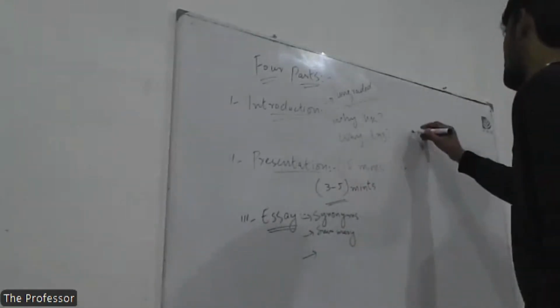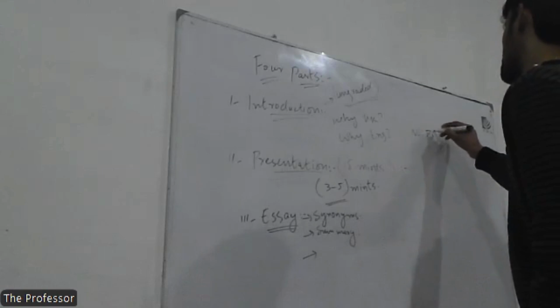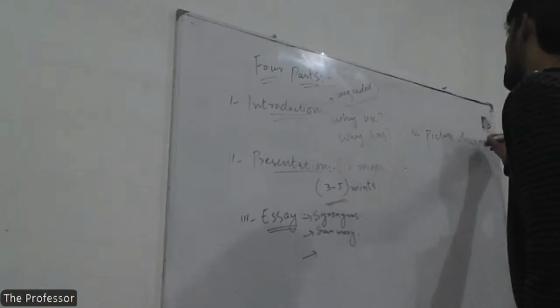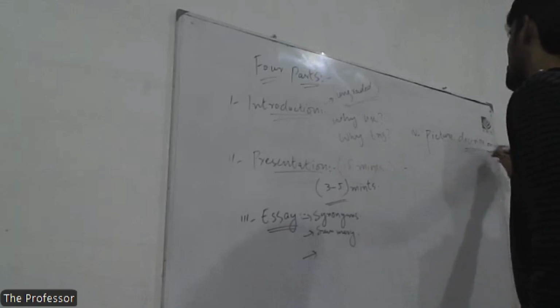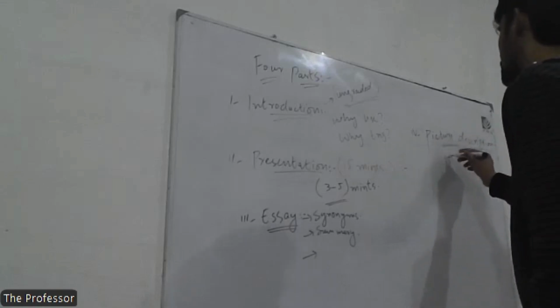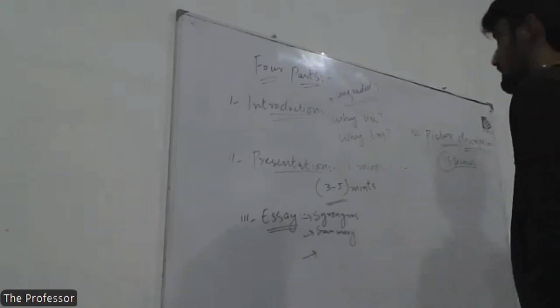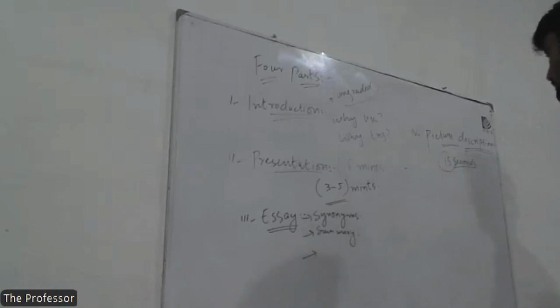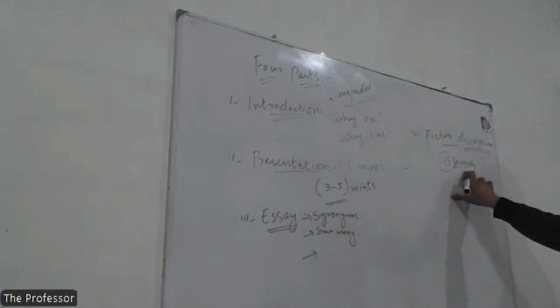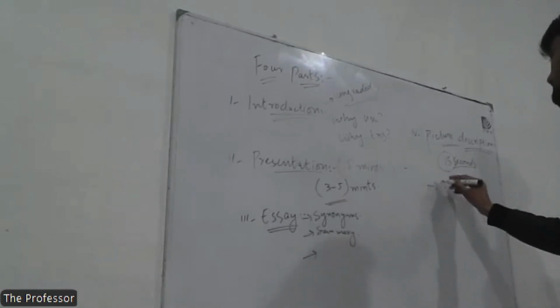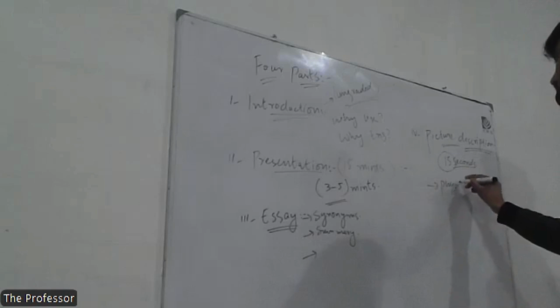The last but not the least is picture description. A picture will be shown to you on the screen for 15 seconds. After that, they normally remove it and ask you to start describing it. You have to tell them what you physically see in the picture.